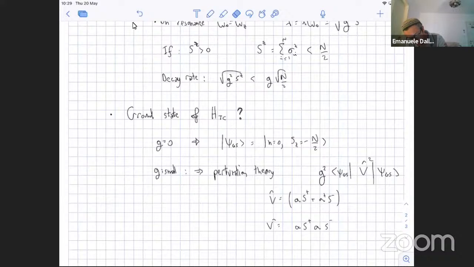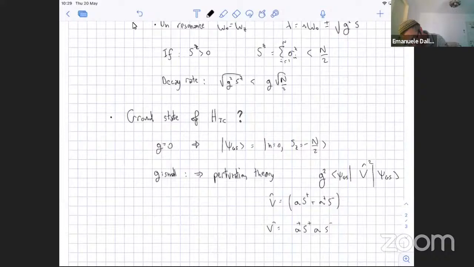Actually, let me consider the other one. Like this, right? And so what this term can do for you is it can first create and destroy a photon.